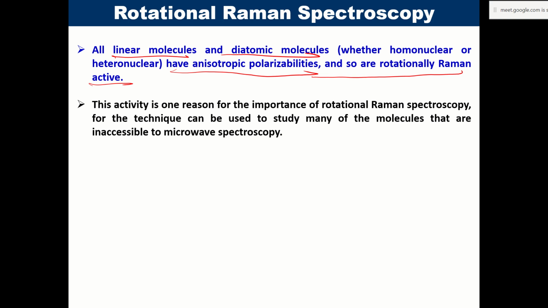ठीक है, so this is the only technique by which you can obtain the rotational spectra for such molecules, homonuclear diatomic molecules, जिसमें कि पहले कोई ऐसा कुछ था ही नहीं, possibility नहीं थी. Okay, so these molecules were inaccessible by microwave spectroscopy.